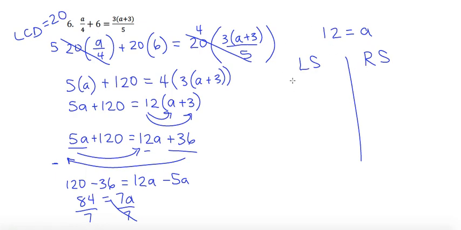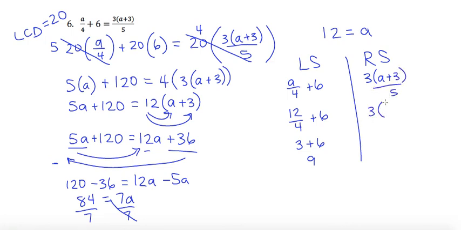So the left-hand side is a over 4 plus 6. So I have 12 divided by 4 plus 6. 12 divided by 4 gives us 3, and 3 plus 6 gives us 9. The right-hand side is 3 times a plus 3, divided by 5.